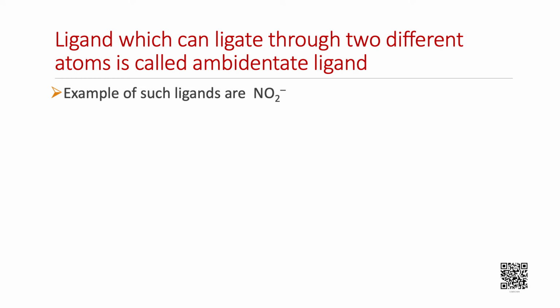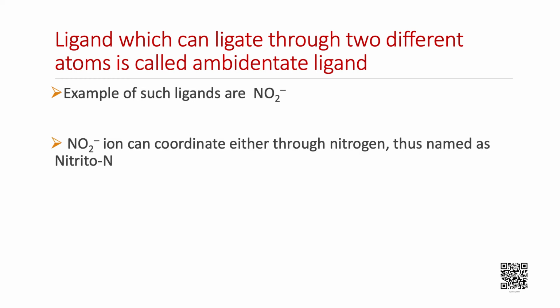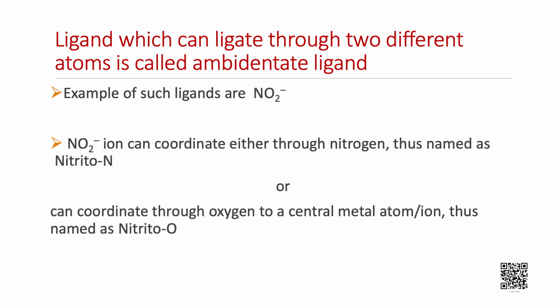Examples of such ligands are NO2 minus. The nitrite ion can coordinate either through nitrogen, thus named as nitrito-N, or through oxygen to a central metal atom or ion, thus named as nitrito-O.